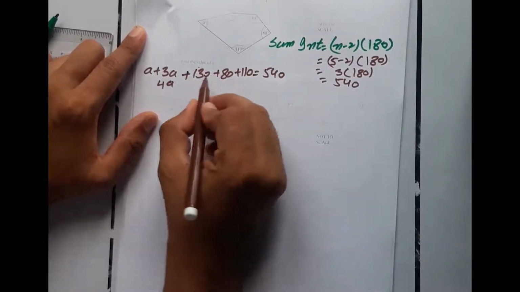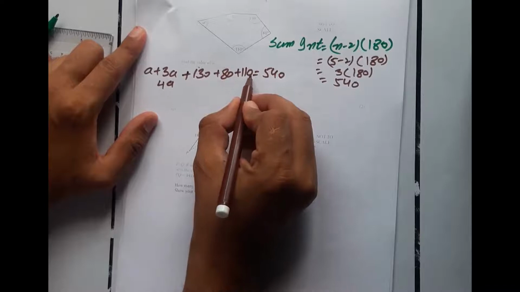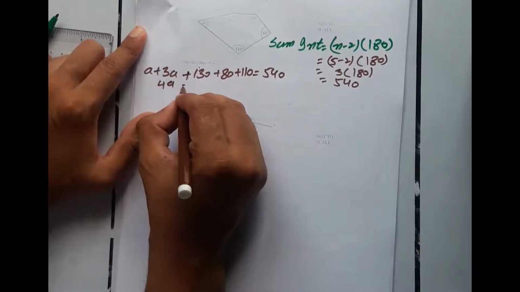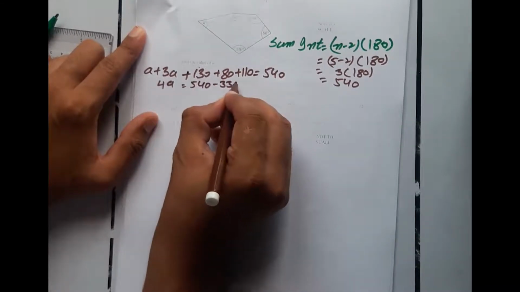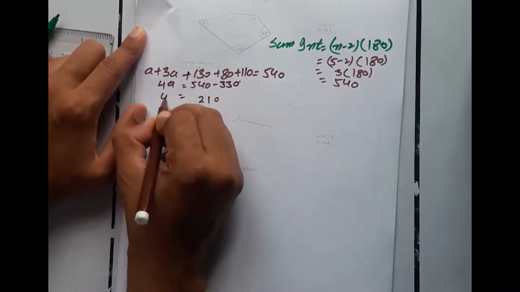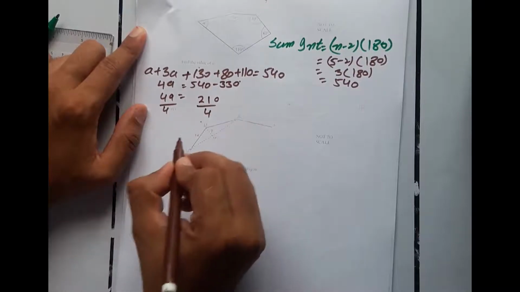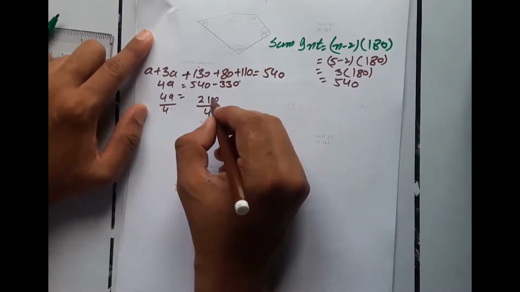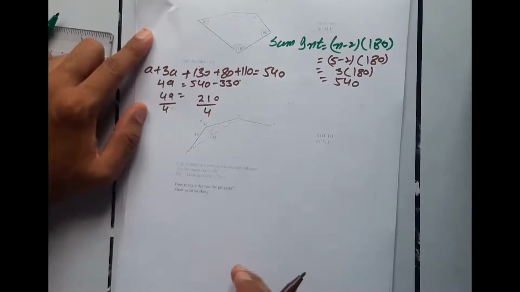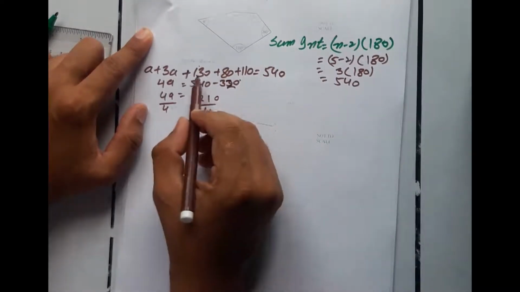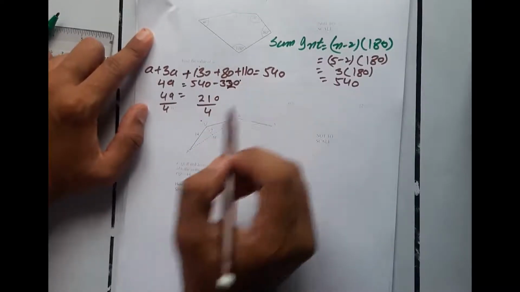Excuse me, this is not the correct calculation. 130 plus 80 is 210, plus 110 is 320.